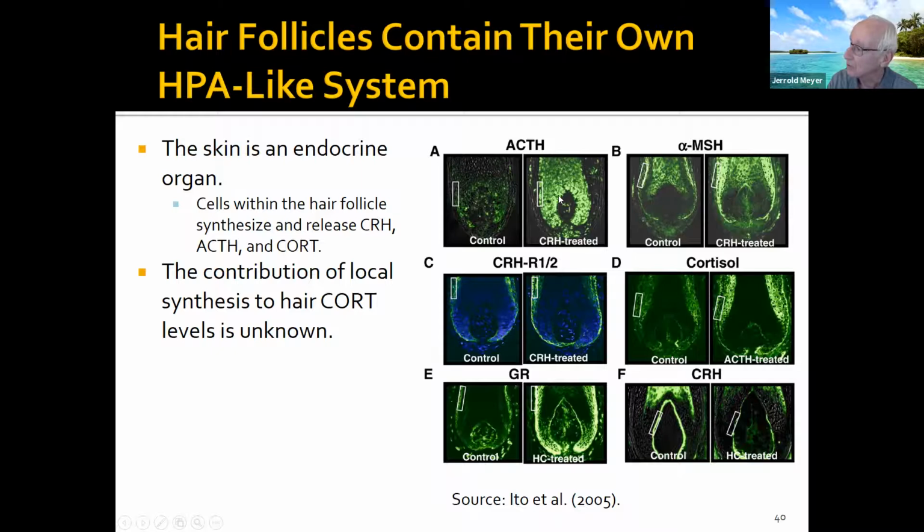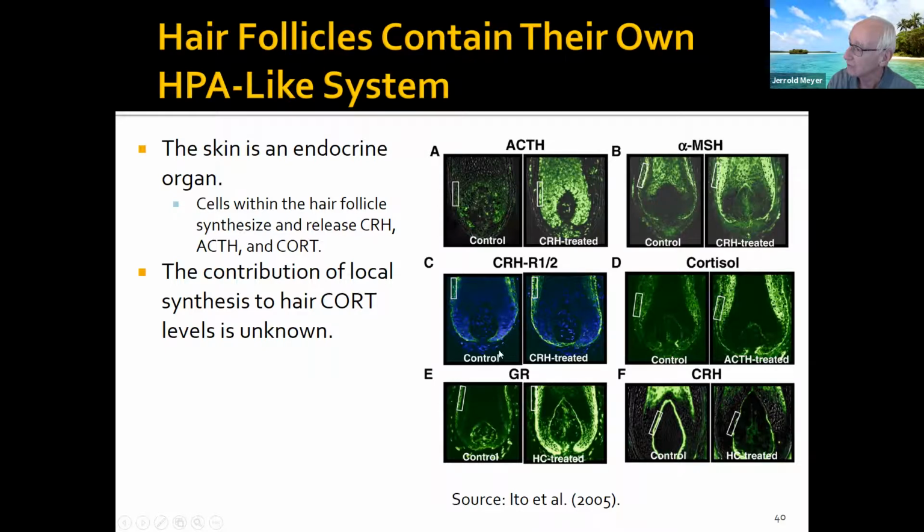Here we see immunofluorescence staining for ACTH. Each of these is an explant, taken from human skin and cultured. This was treated with CRH, and you see ACTH staining goes way up. So ACTH in these cells is sensitive to CRH.